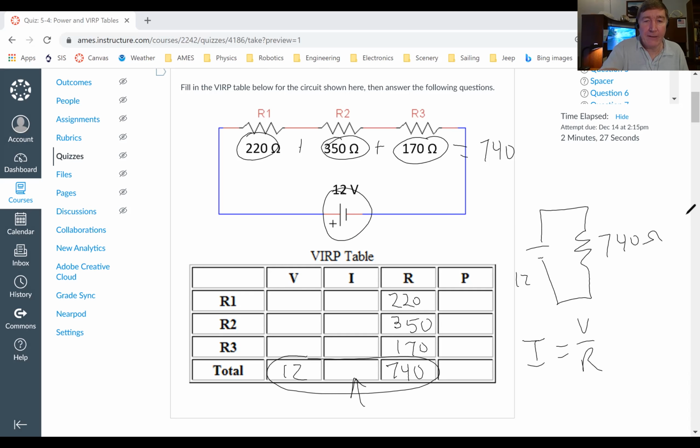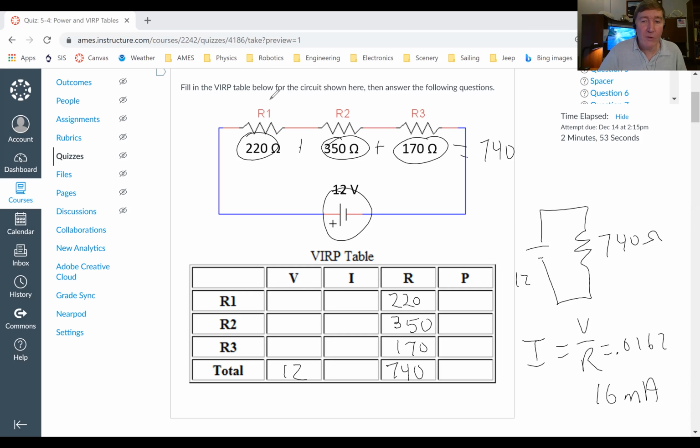It's just going to be V over R. V is 12, our total R is 740. The number that we get is 0.0162, which is 16 milliamps.